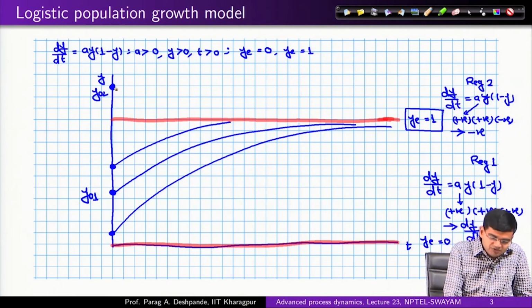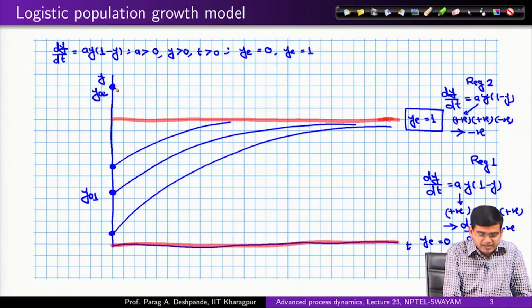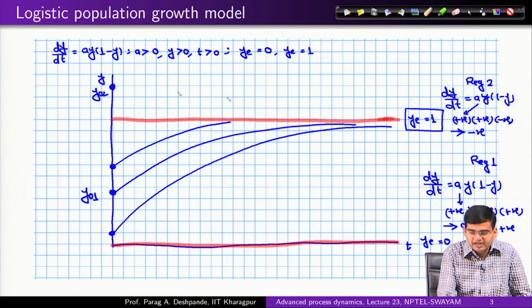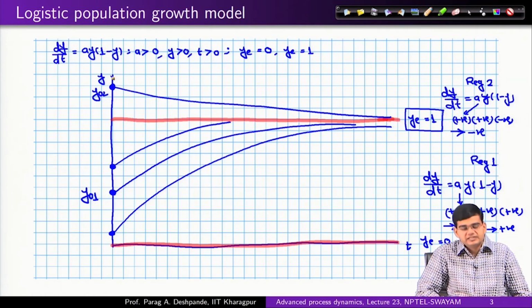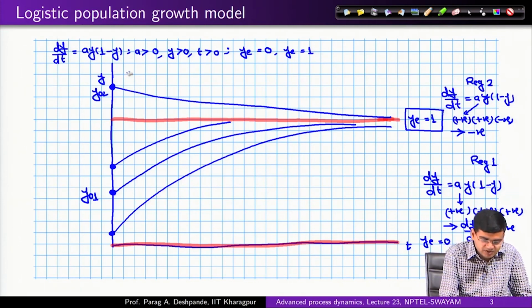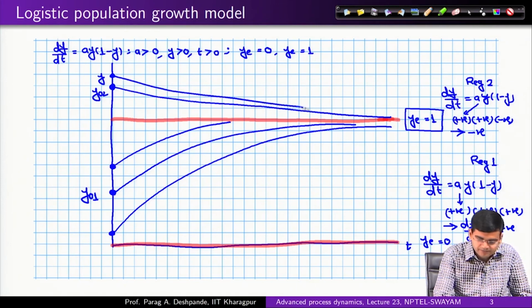That means, I have to start with y 0 2, always maintain negative slope and reach y e 1 asymptotically. So, not very difficult to see that this is going to be one phase line, and therefore, you can draw several such phase lines.